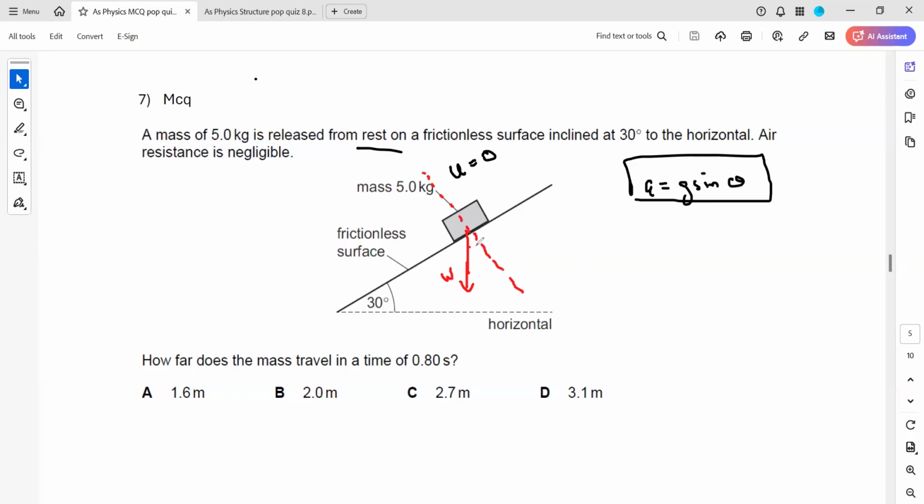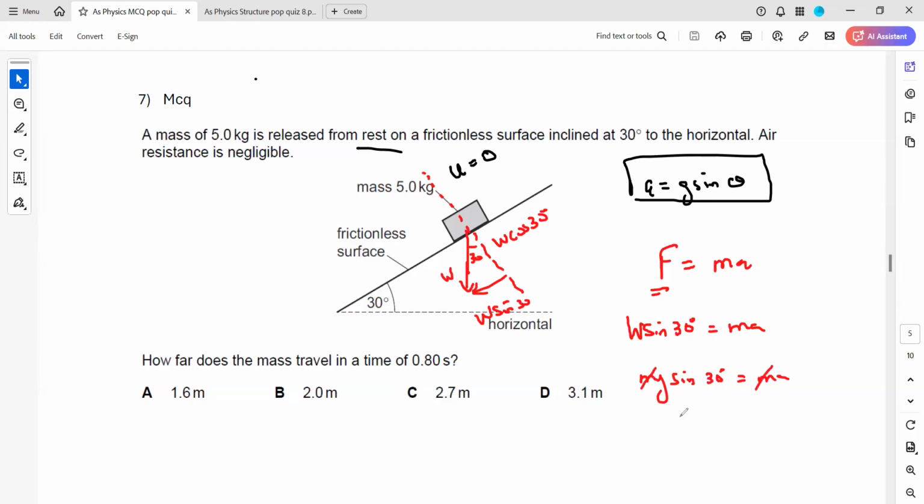That this is theta. So the one which is with the angle will be W cosine theta, and the one opposite to the angle will be W sine theta. So W sine theta is causing an acceleration. According to Newton's second law, F equals ma, where F is the resultant force, which is W sine theta, equal to ma. W is mg, so mg sine theta is equal to ma. m will cancel with m, so g sine theta is equal to a.